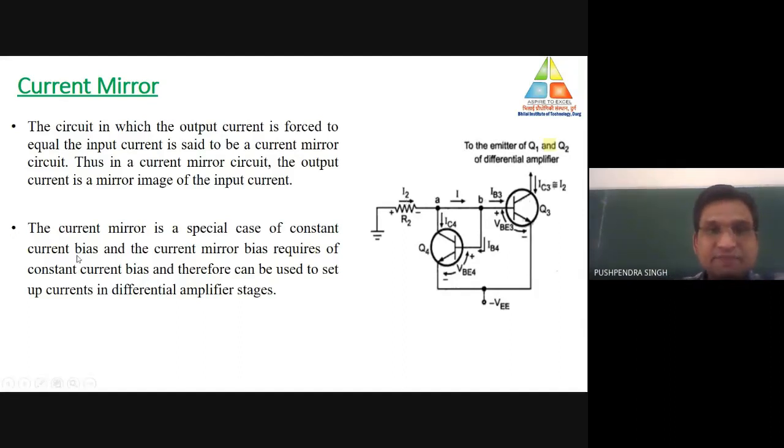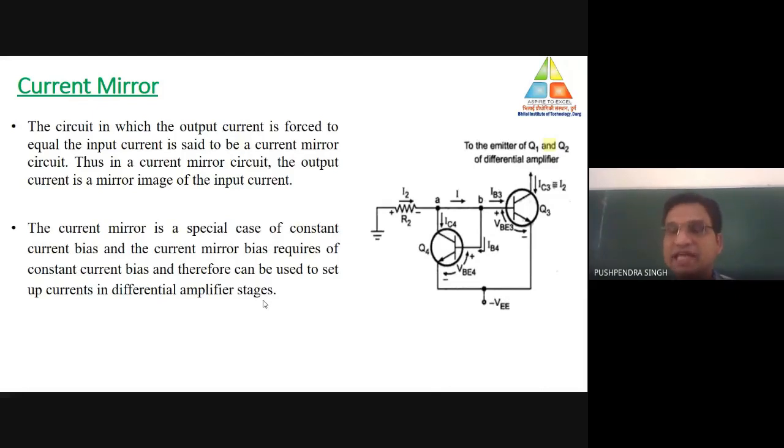The current mirror is a special case of constant current bias, and the current mirror bias requires a constant current bias and therefore can be used to set up current in a differential amplifier stage. So what is the basic process for the design of a current mirror? We need to force the output current to be equal to the input.